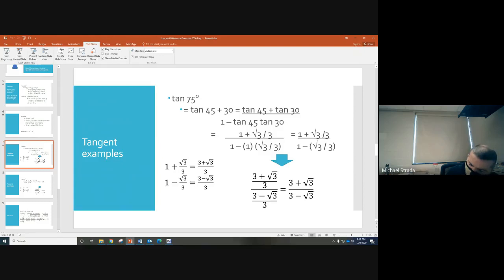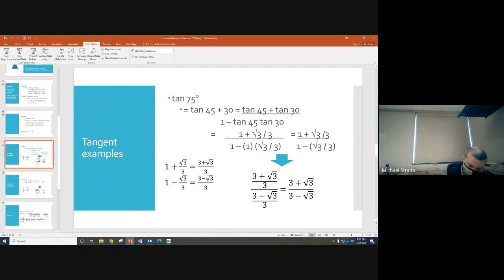What I then can do is put these together, and that'll give me the expression 3 plus root 3 over 3 over 3 minus root 3 over 3. If you don't recall this from the glorious days of Algebra 2, when you have the same denominators in a rational expression, guess what they're going to do to each other? Cancel out.